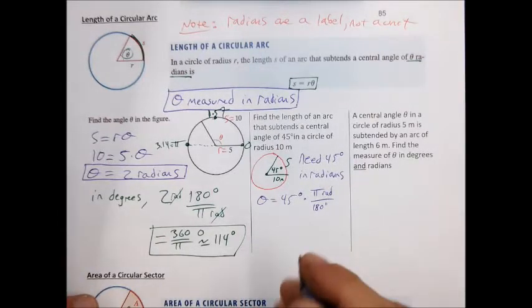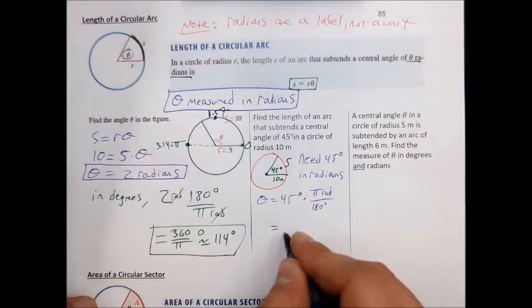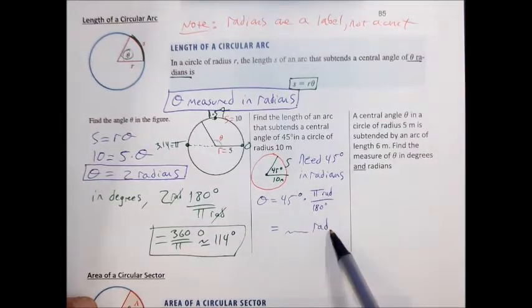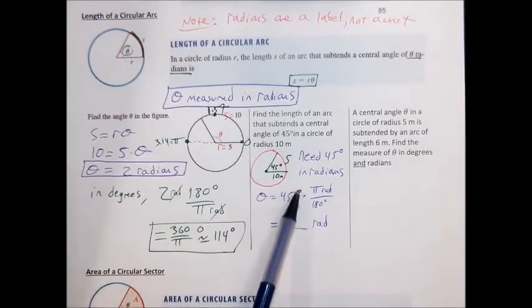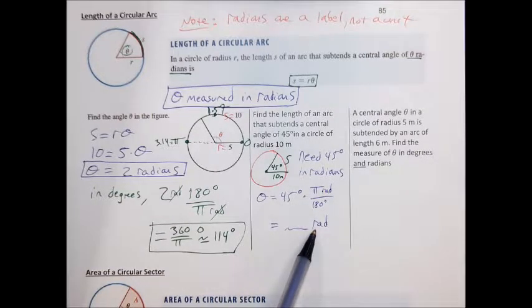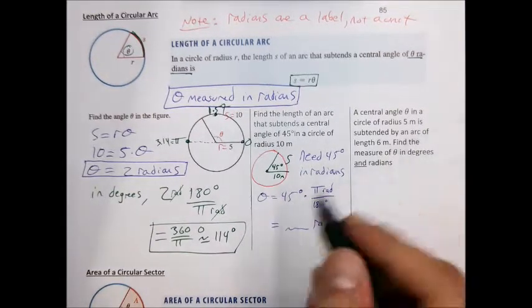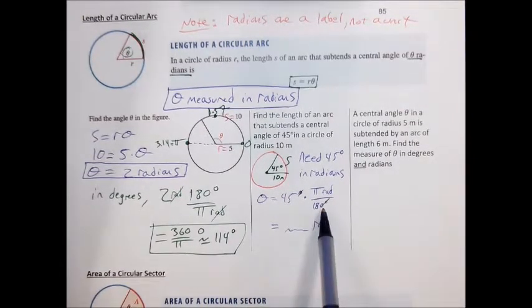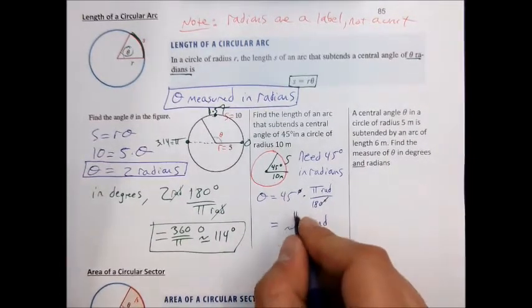We want to end up with something in radians, because we're converting degrees to radians. These two degree values will cancel, and the radian value will carry over to the answer. That's how you can remember these formulas. And 45 goes into 180 4 times, so this ends up being pi over 4, like we said before.